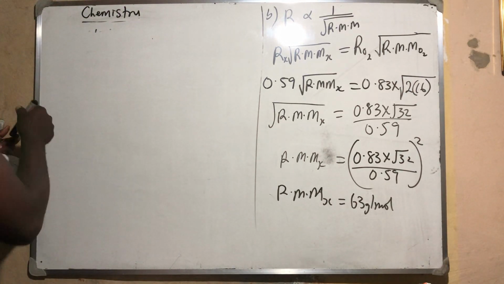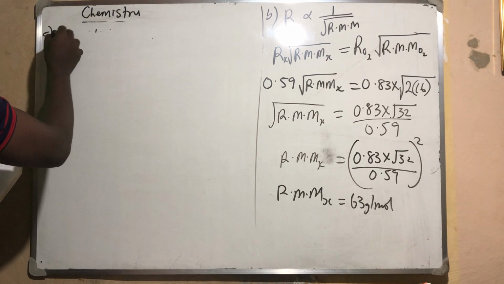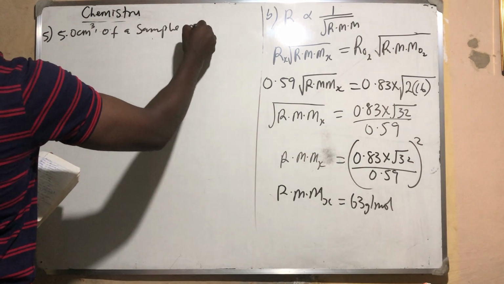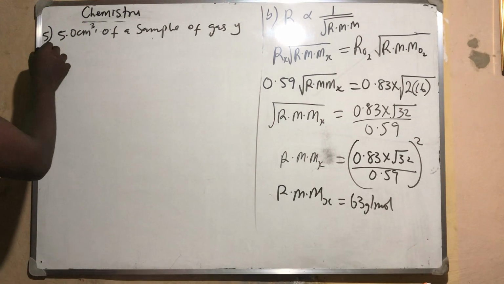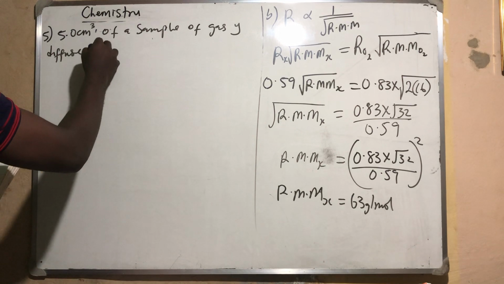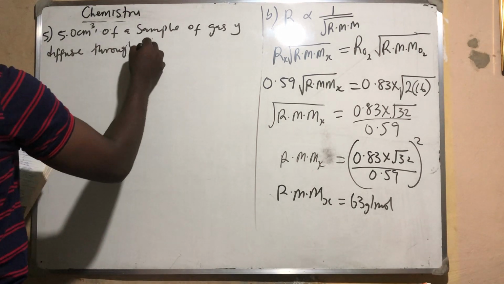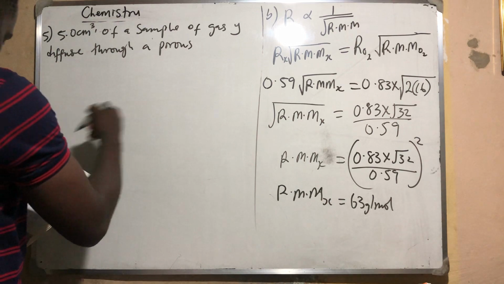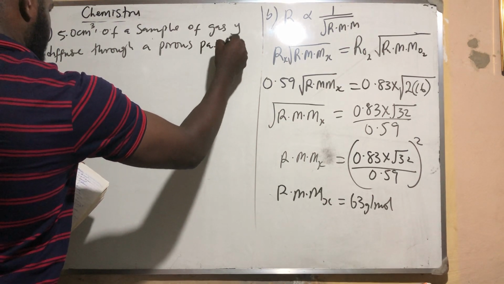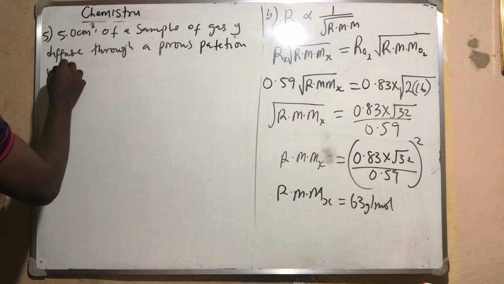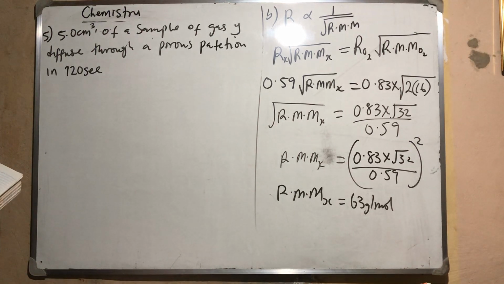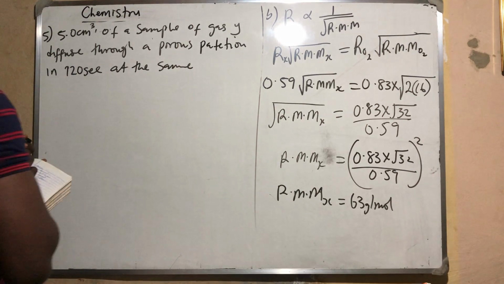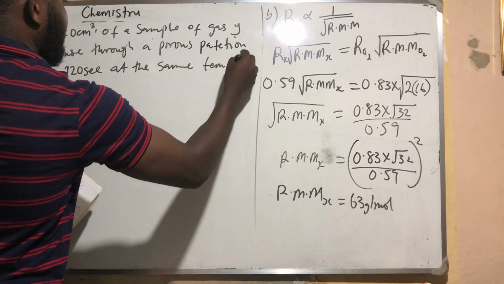Question number 5 says 5.0 cm cube of a sample of gas Y diffuses through a porous partition in 120 seconds at the same temperature and pressure.